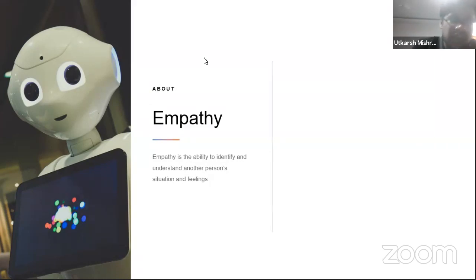If we go a little bit deeper into what empathy is, I'll say that it should be something which talks about gaining a deeper insight into customers, much like what we say when we do persona mapping, or when we analyze people.